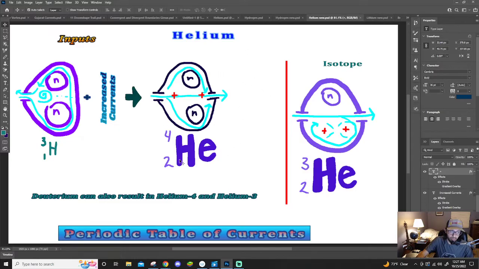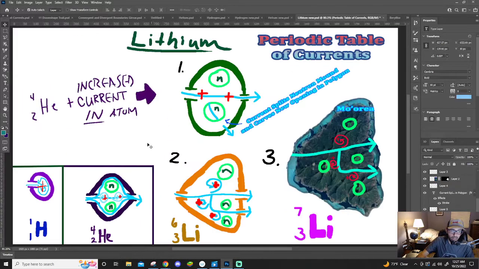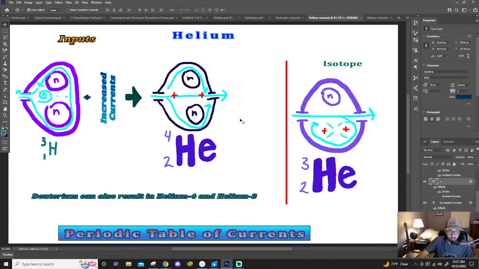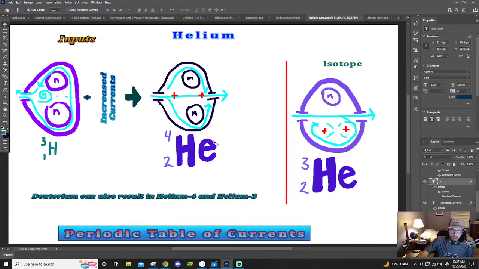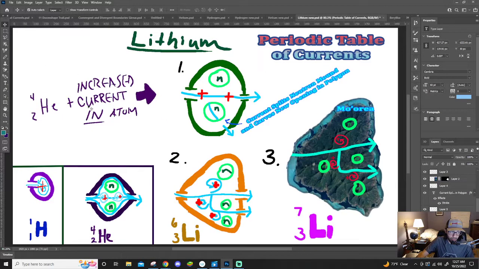And then going from 2-4, because lithium is 3-6. So I went from 2-4. I'm not sure if 2-3 would as easily go to lithium as the 2-4 because of this.